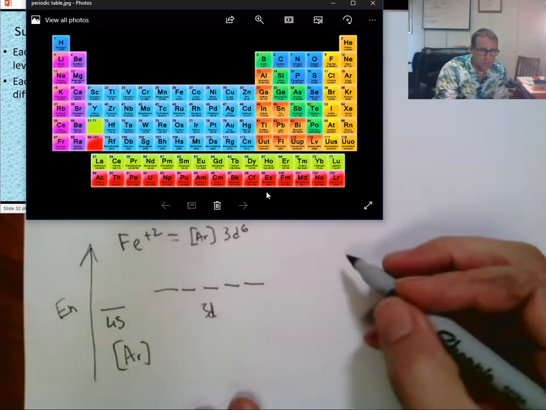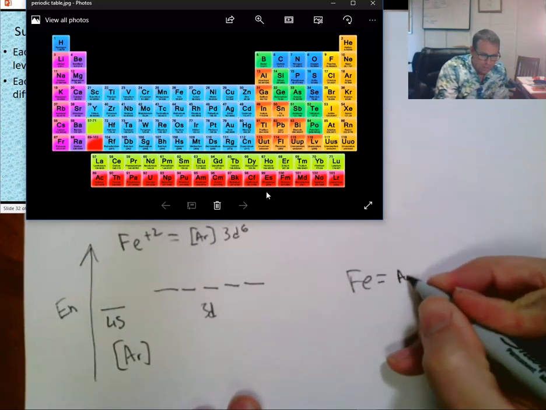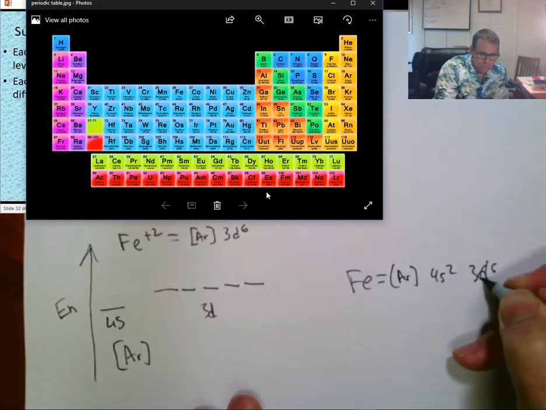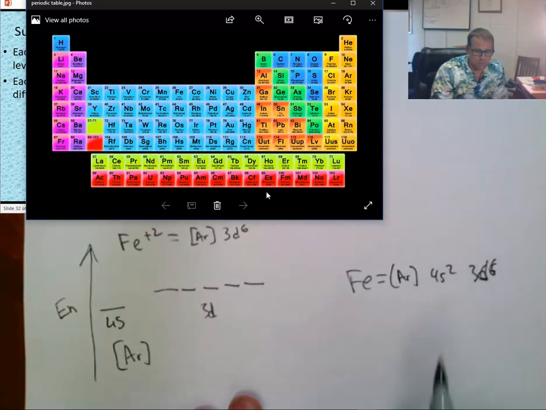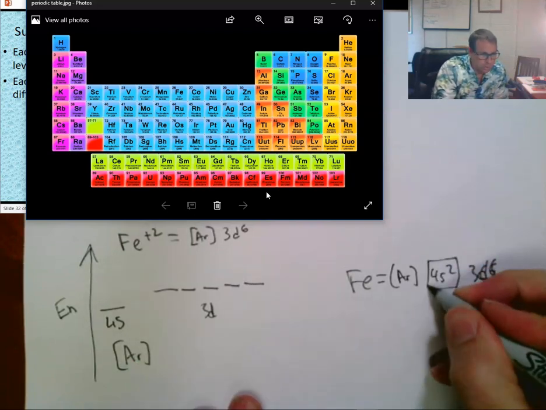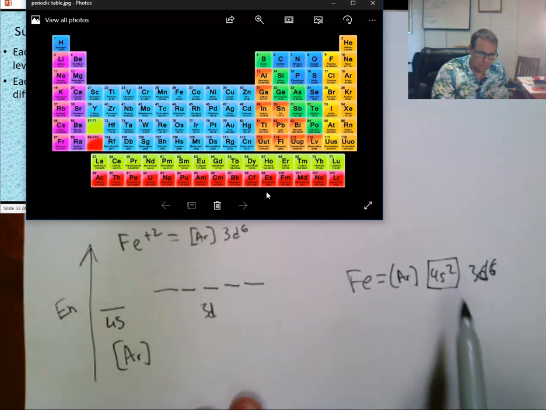So we went from the electron configuration for iron, argon core, 4s2, 3d6, to an iron +2 by doing what? You lost 2 electrons? That's right. I lost those 2 electrons.